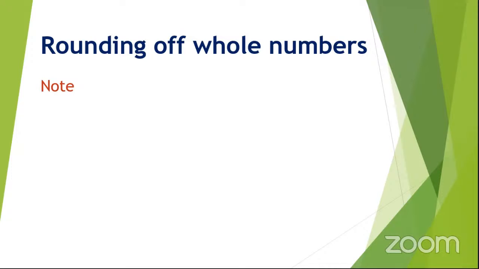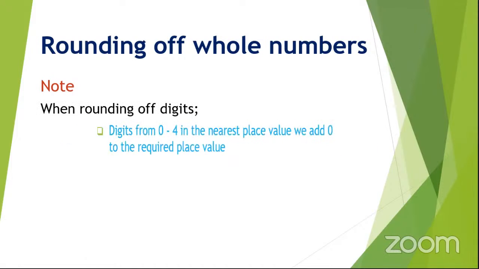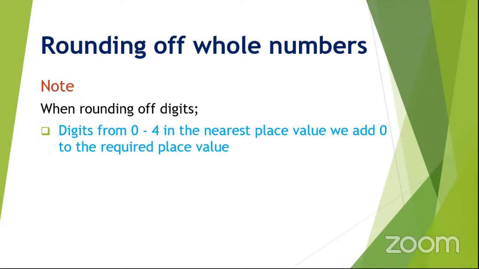Then another thing, we are going to keep on learning these numbers as well. Let's see this note here. When rounding off digits, digits from 0 to 4, in the nearest place value, we add 0 to the required place value. What do they mean in this case? Let us assume we have 123, and our place values are ones, tens, and hundreds.